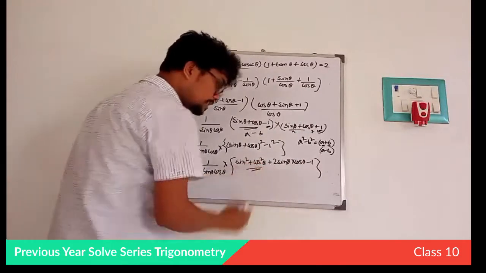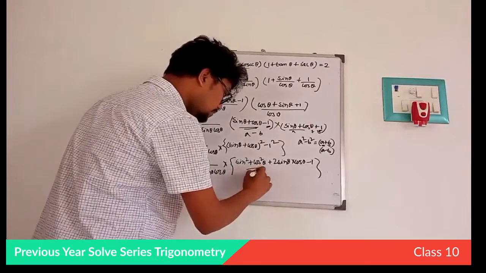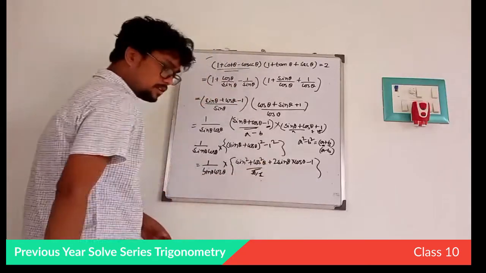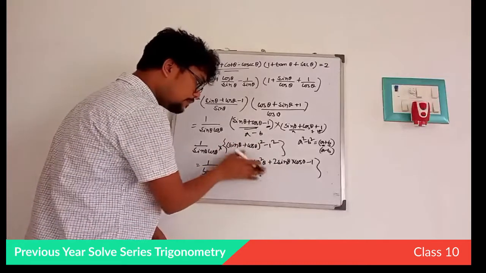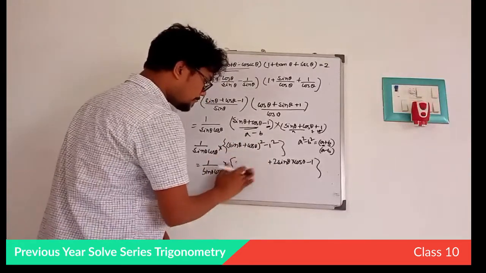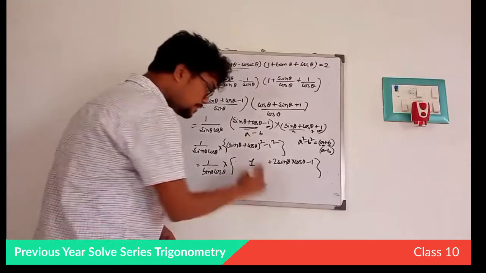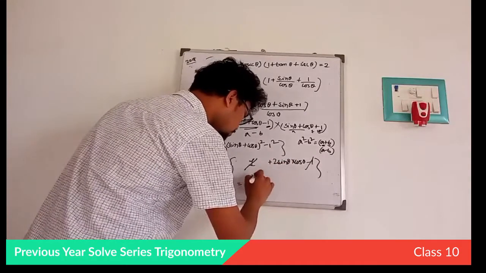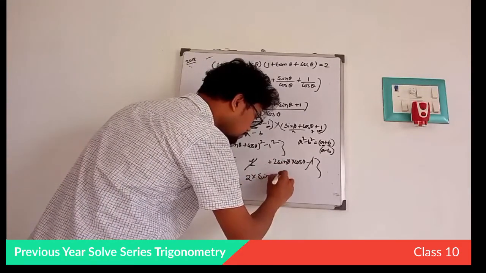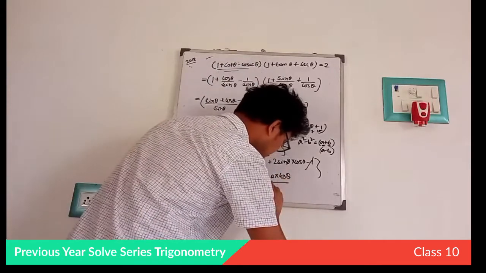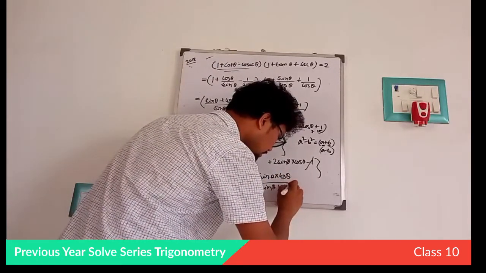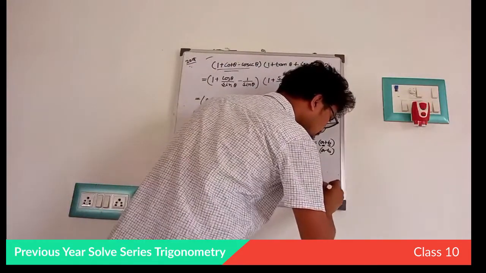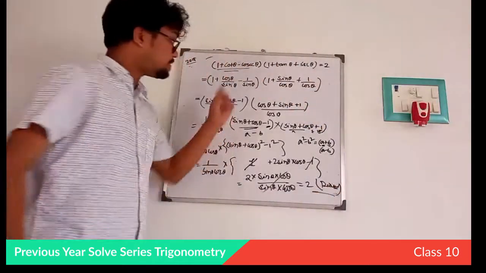Now sin square theta plus cos square theta is equal to 1, so I am replacing this by 1. This cancels, 2 sin theta cos theta is remaining, so 2 sin theta cos theta by sin theta cos theta. Sin theta cos theta cancels out, we get 2. Hence proved. This is a very important problem.